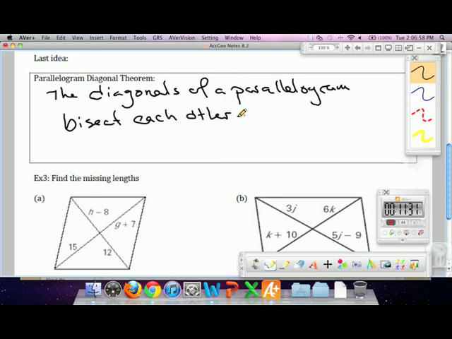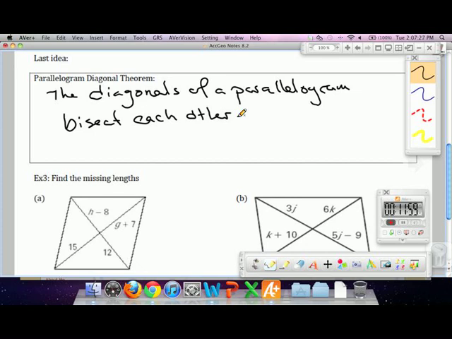Do we know that the diagonals are congruent to each other? Are they necessarily the same length as each other for a parallelogram? No. What does it say? In your own words, what does it mean? That they cut each other in half.